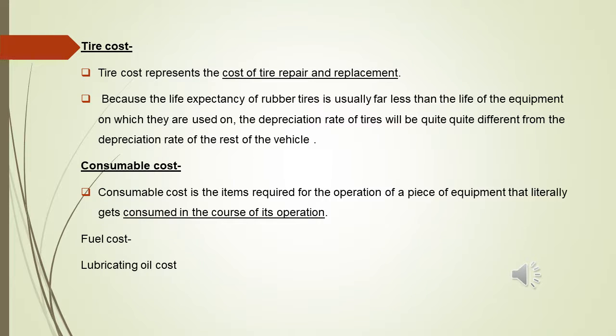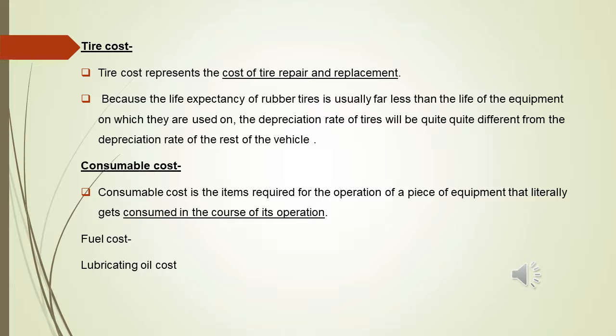So next is tire cost, the cost related to tires. Let's read. The tire cost represents the cost of tire repair and replacement. Second point is, because the life expectancy of rubber tires is usually far less than the life of the equipment on which they are used, the depreciation rate of tires will be quite different from the depreciation rate of the rest of the vehicle.